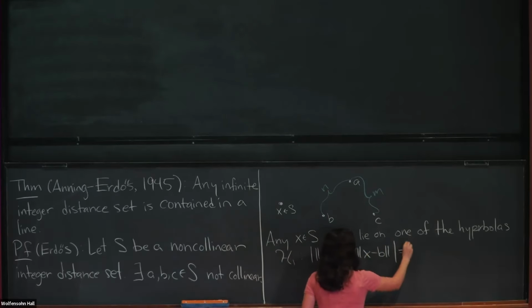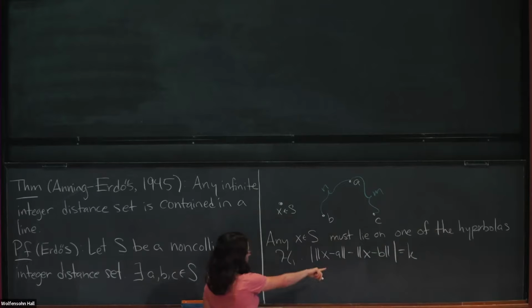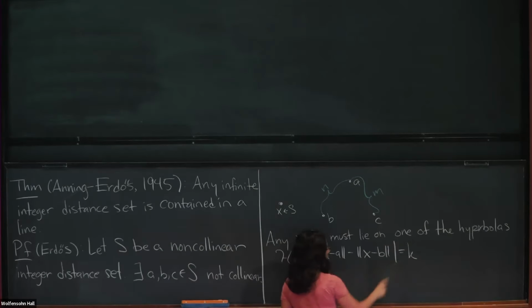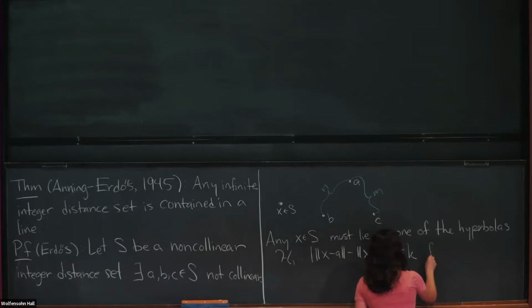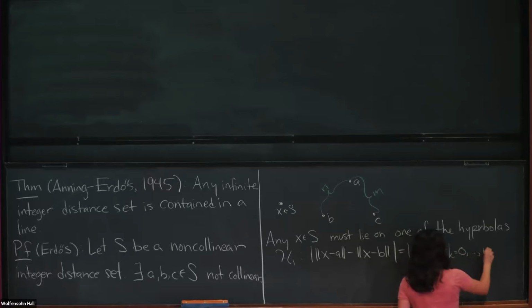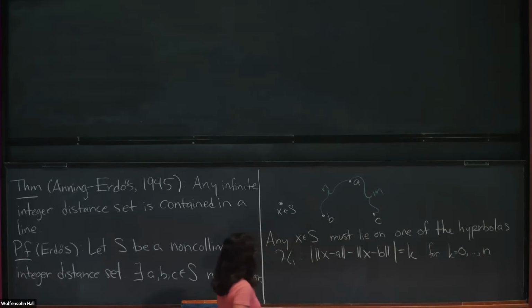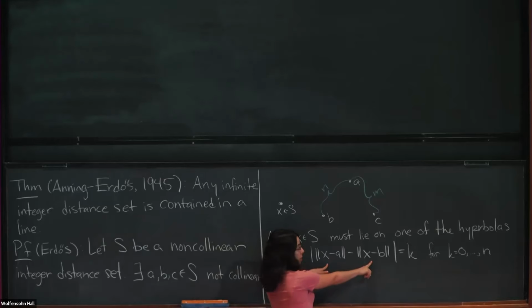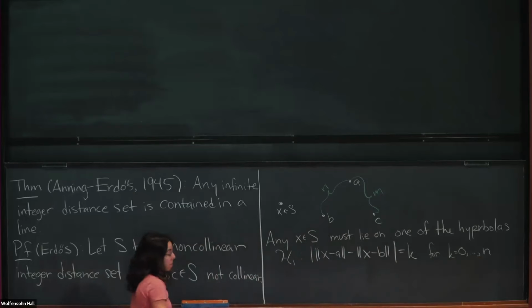So this will be the family of hyperbolas where this equals k for all integers k between 0 and n. Note that because S is an integer distance set, this difference must be an integer, and it can be at most n by the triangle inequality.